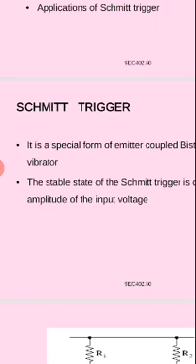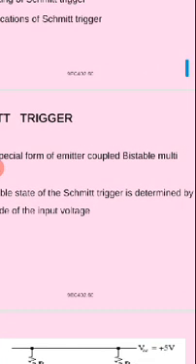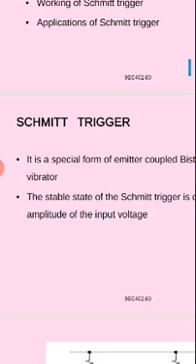Schmitt trigger: it is a special form of emitter coupled bistable multivibrator, or it is also called a special bistable multivibrator.